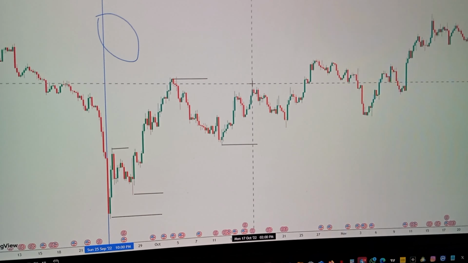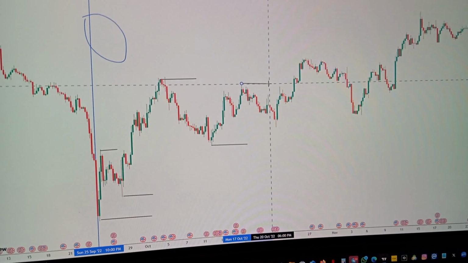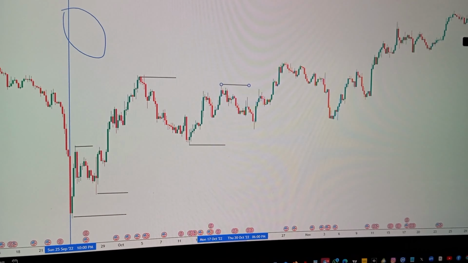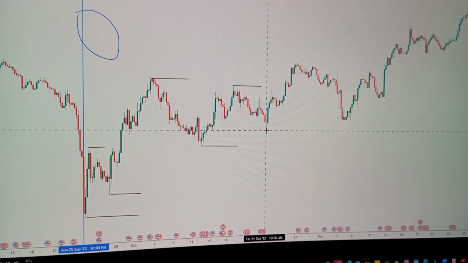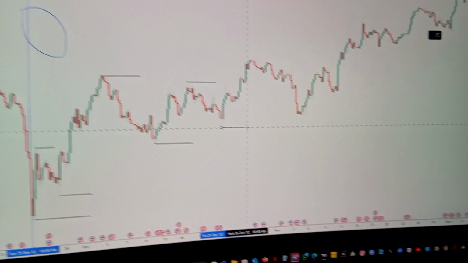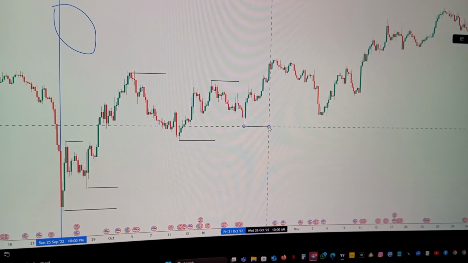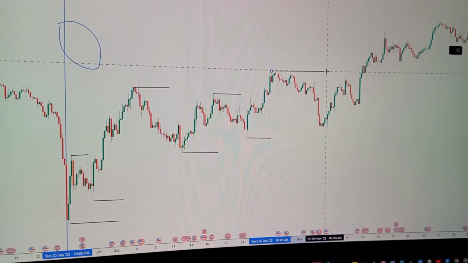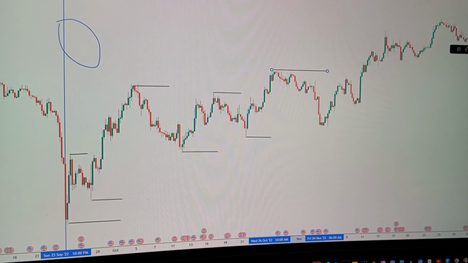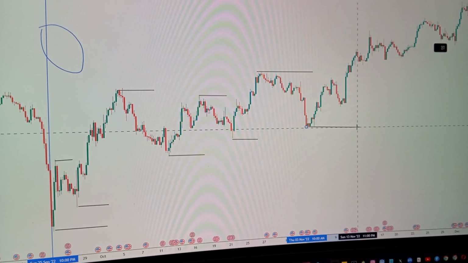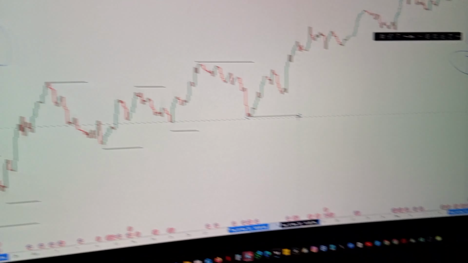It's simple, guys, don't make it hard. This is a higher high. Then after a higher high, the next thing that comes on board should be a higher low, and here it is, behold, a higher low. After a higher low, the next thing is a higher high, another higher high, guys. And after a higher high, another higher low.